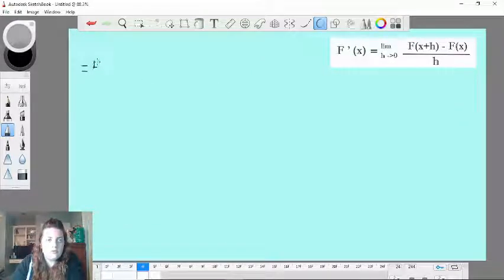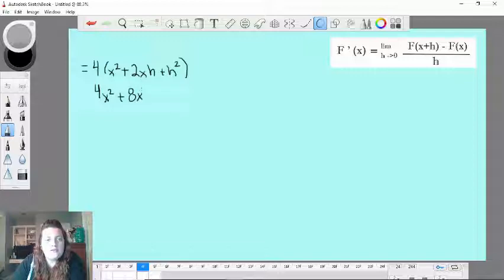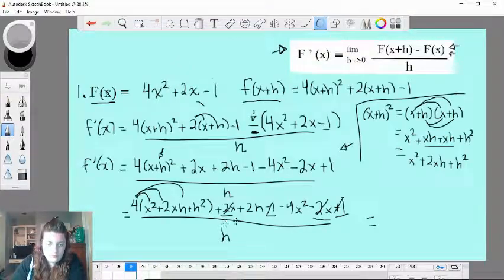So we have 4 times x squared plus 2xh plus h squared. When I multiply 4 in here, it's going to be 4x squared plus 8xh plus 4h squared. And then bringing the rest of the terms over, our 2x canceled, our negative 1 canceled, our negative 2x, and our 1 canceled.